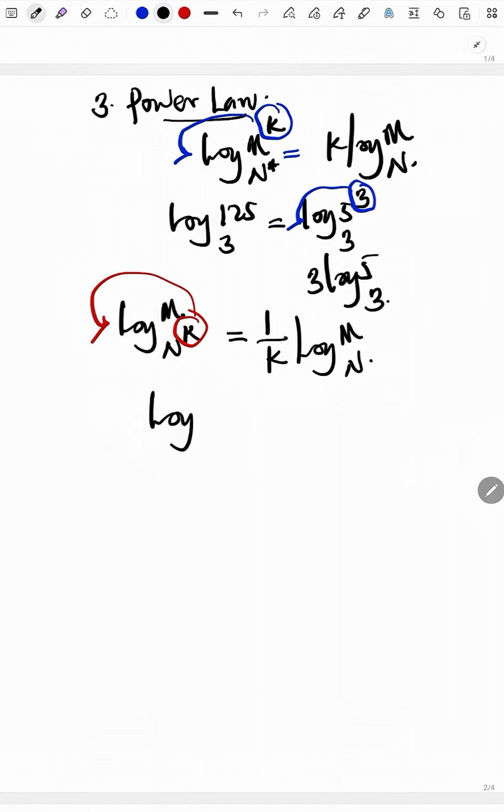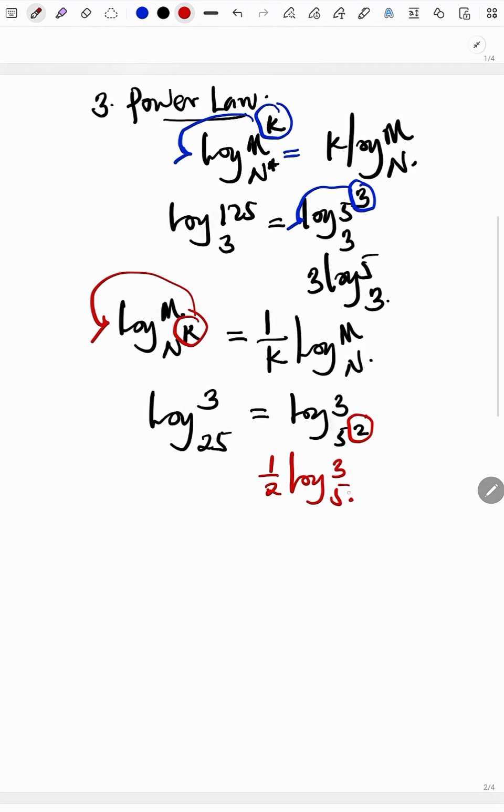So if we have, for instance, log 3 base 25, this is equivalent to log 3 base 5 raised to power 2. Now our power law can occur here. As our power law is occurring, this becomes 1 over 2 log 3 base 5. But if it's for the top number, it would not be 1 over. The reason why there's 1 over is to signify that the root is for the lower value.